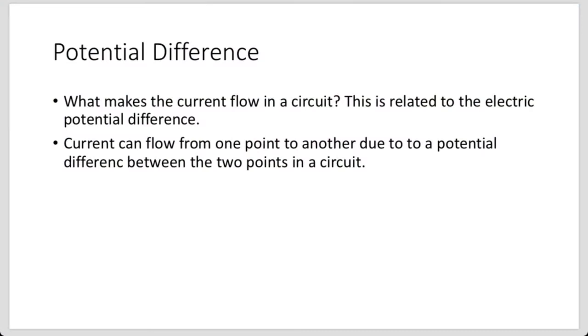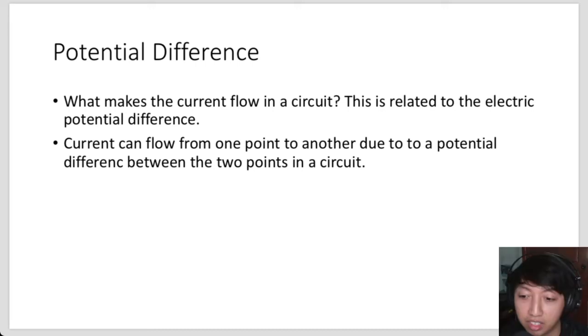So we can think of the potential difference as electric pressure. In fact, some people use the word electric pressure. If there's a greater difference between the 2 points, then you have more capability or a higher chance of a lot of current happening.